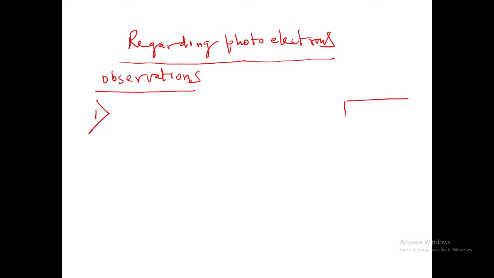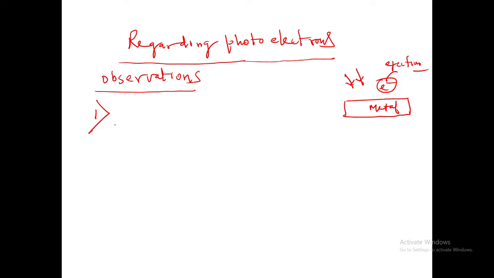Suppose this is a metal and light of a certain frequency is striking this metal. In that case electron ejection may take place.